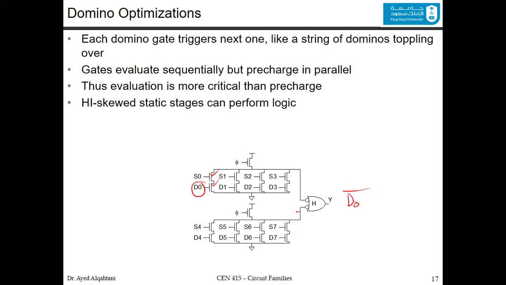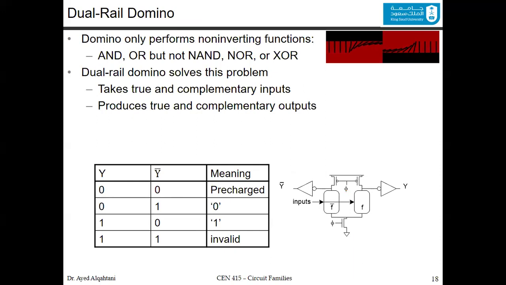Now, you remember I said that now in the function, we no longer need the bar, the full bar for the whole function. This is why they came up with the dual rail domino, where you have both the function with the normal polarity and the complement of the function.